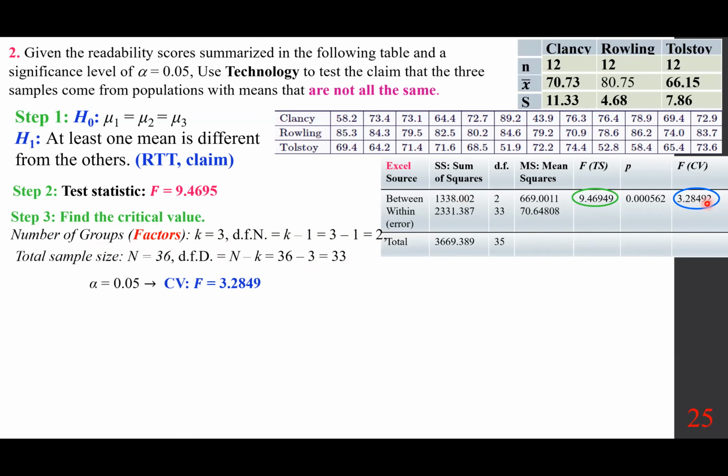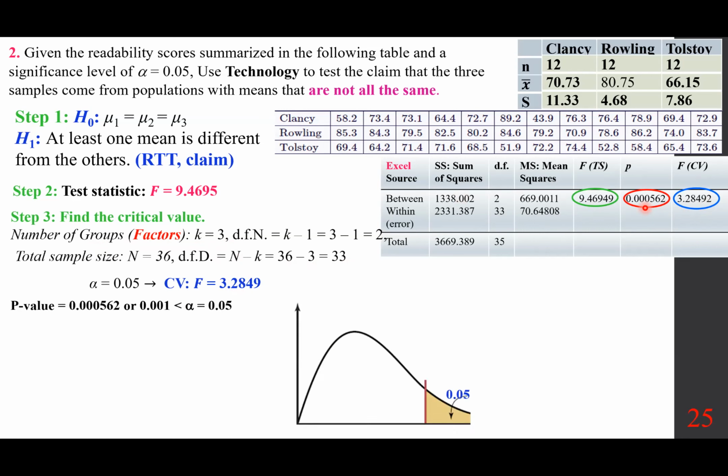If we look at the p-value, clearly it's much less than alpha of 0.05. And even if we look at the graph, we notice that this number is way larger than the critical value, which puts us way into the rejection region.